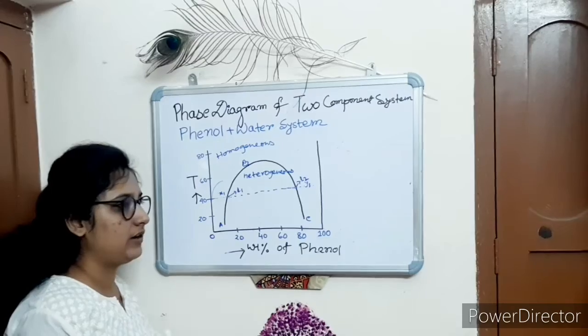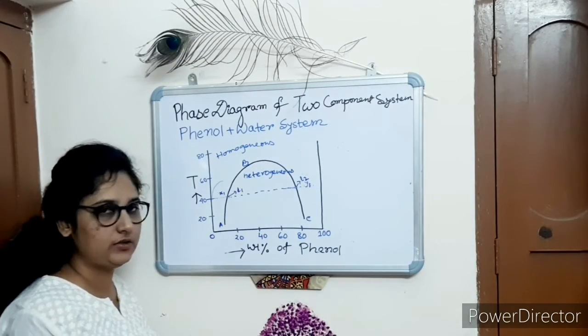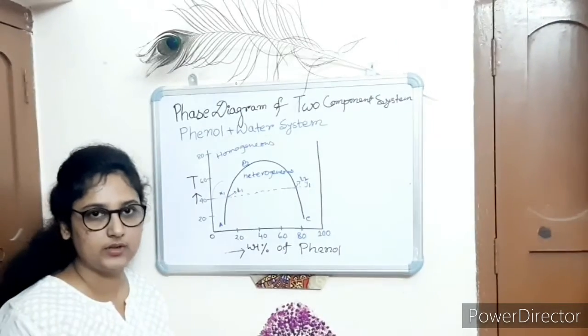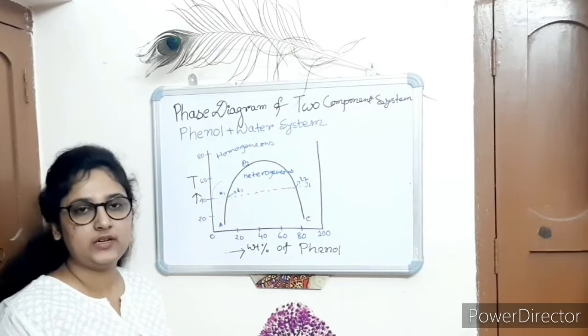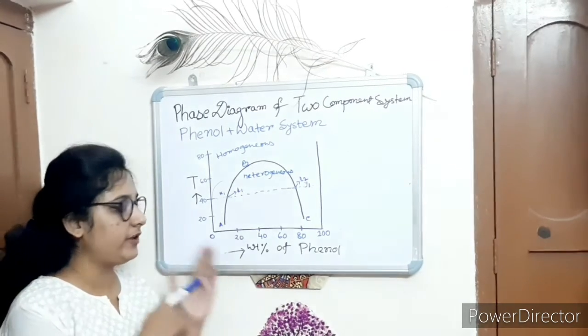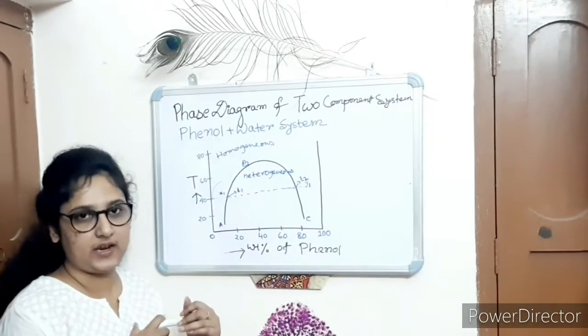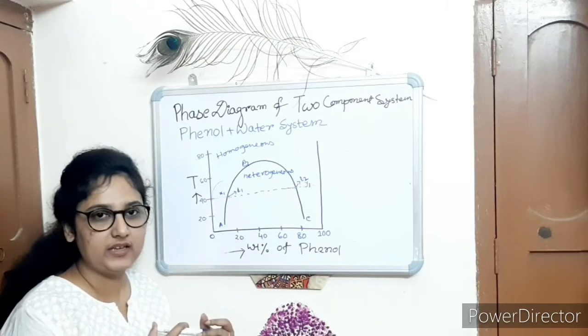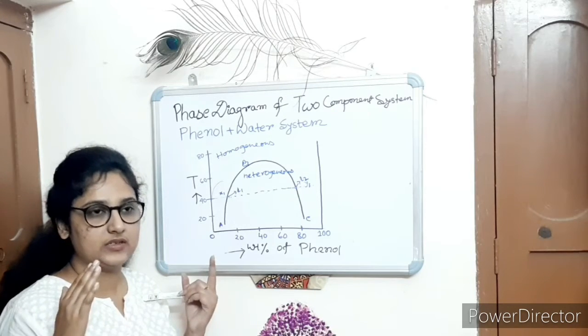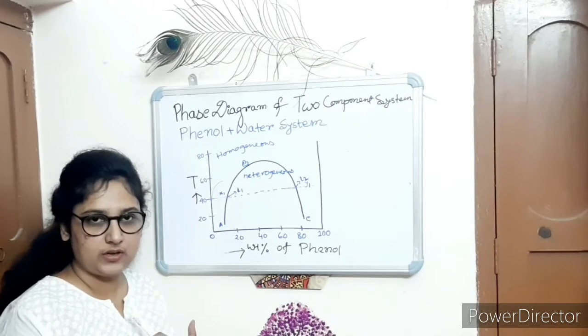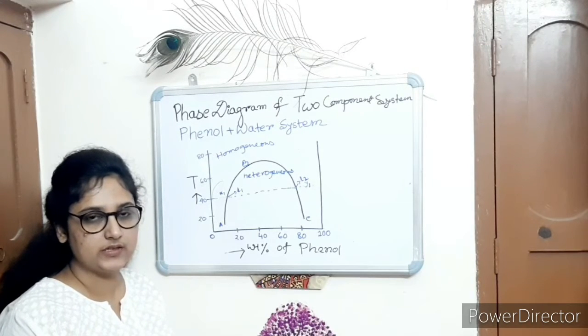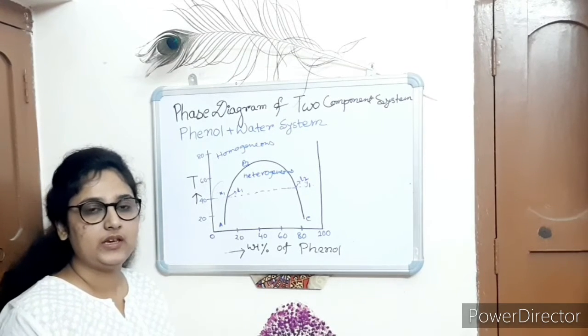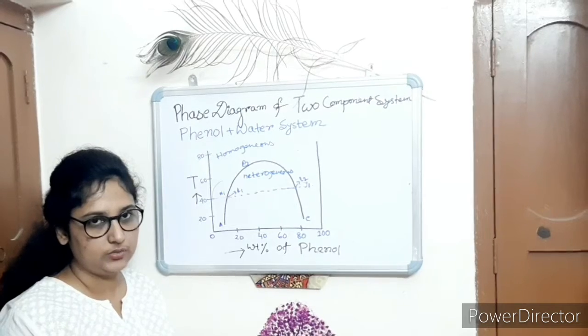The nature of the solution, whether it will be homogeneous or heterogeneous, is completely dependent upon the composition and temperature of the system. And from the phase diagram you can clearly say what the composition and the temperature range are where the system can sustain its heterogeneous phase character, and where it will form the homogeneous solution.